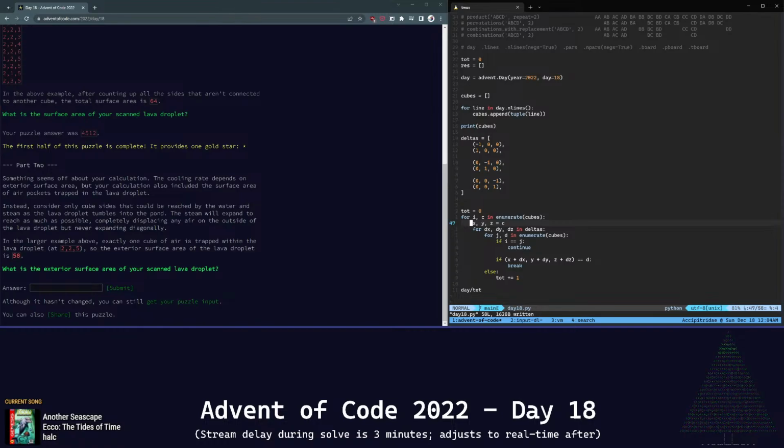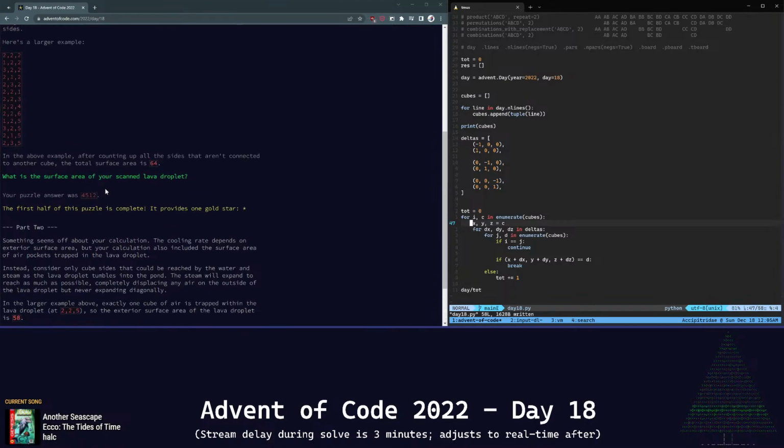Interesting. What, so we only want to look at exterior? We don't want to look at interior points?